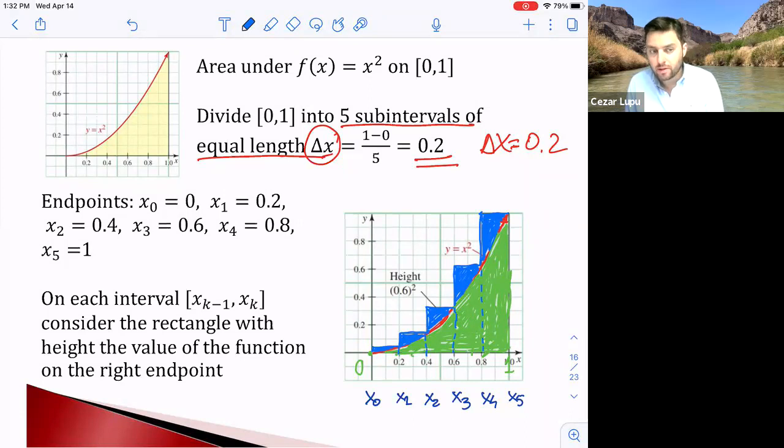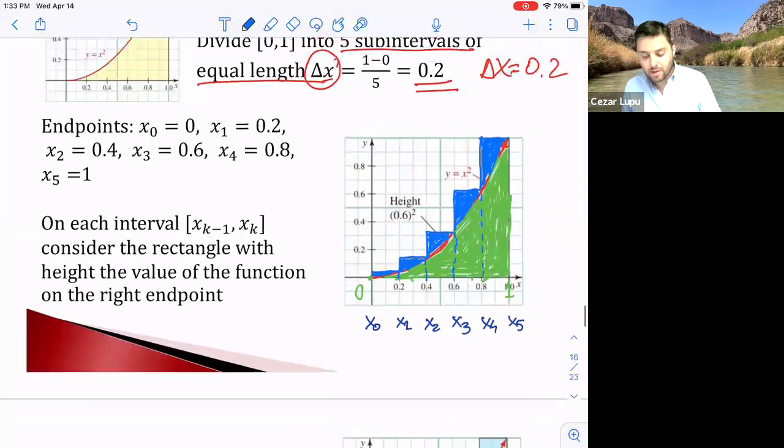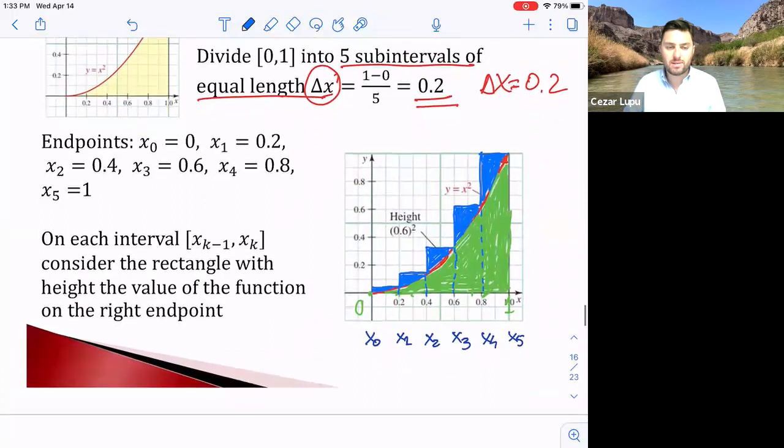Great. So let's do that. So the total area will be 5 rectangles. As you can see, the area under the graph is included in the sum of the areas of all rectangles. So it's not the best approximation, but it can be something closer to it.